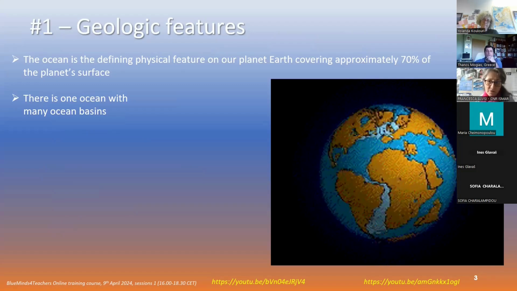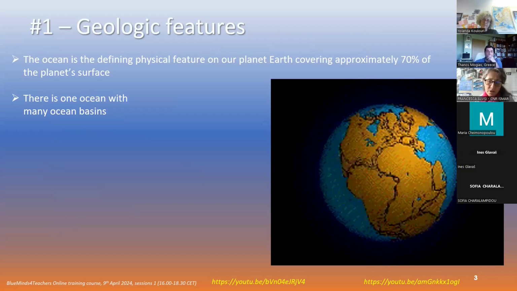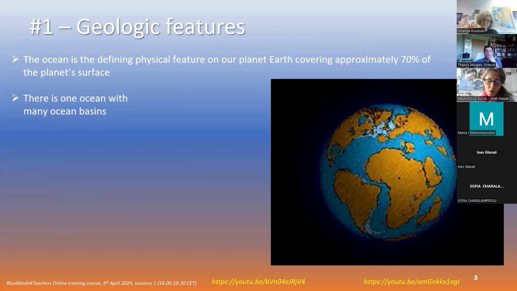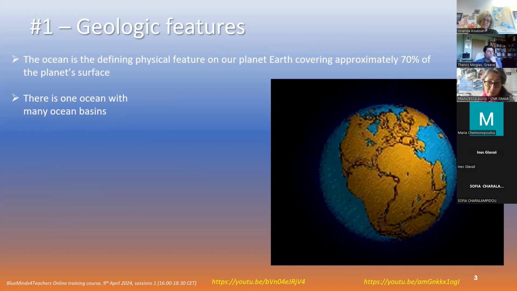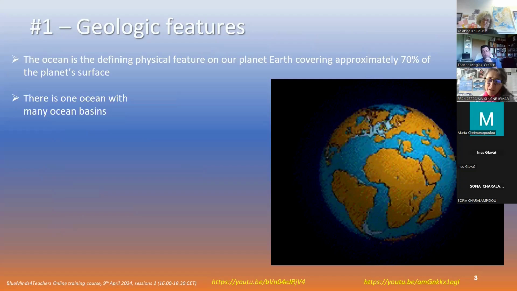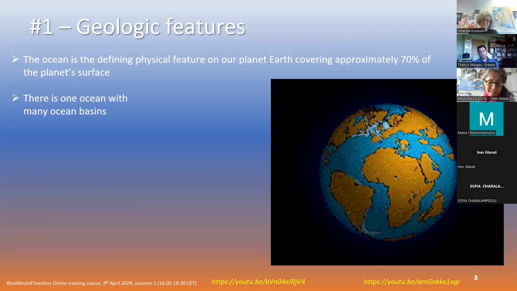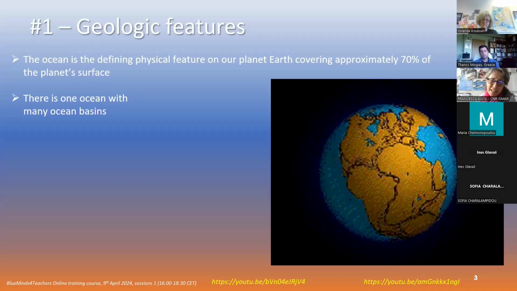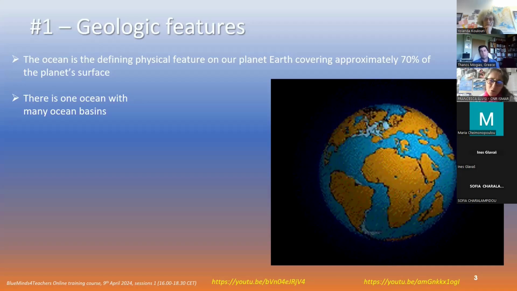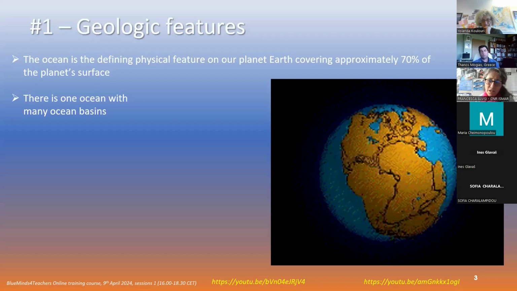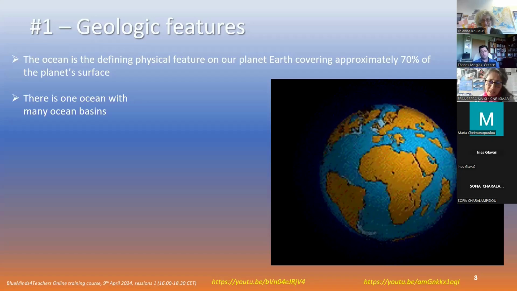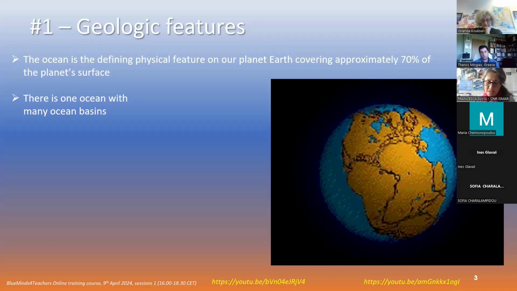I use this video animation just to show you what most of us may remember from our study, the Pangea and the Panthalassa, so all land and all sea. This can be useful to explain and to visualize how the ocean is just one big ocean with pieces of land across it.